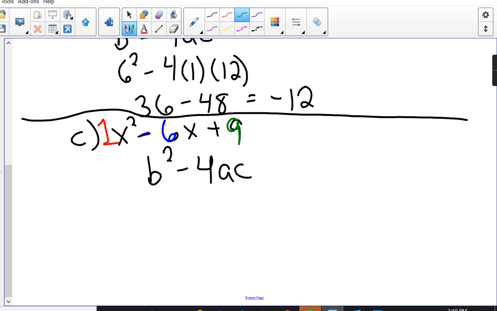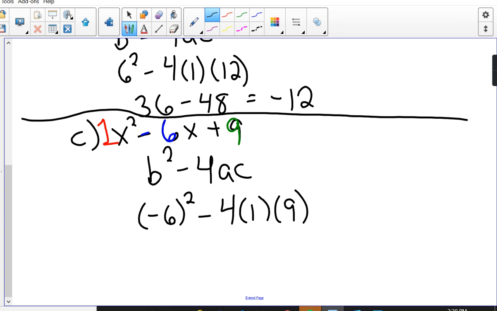I'm just bringing the information that we had up there down so that we could see it. So for b, we're substituting -6. So we have -6 squared minus 4, for a we're putting in 1, and for c we're putting in 9. So now we have -6 squared. That's -6 times -6, which is positive 36.